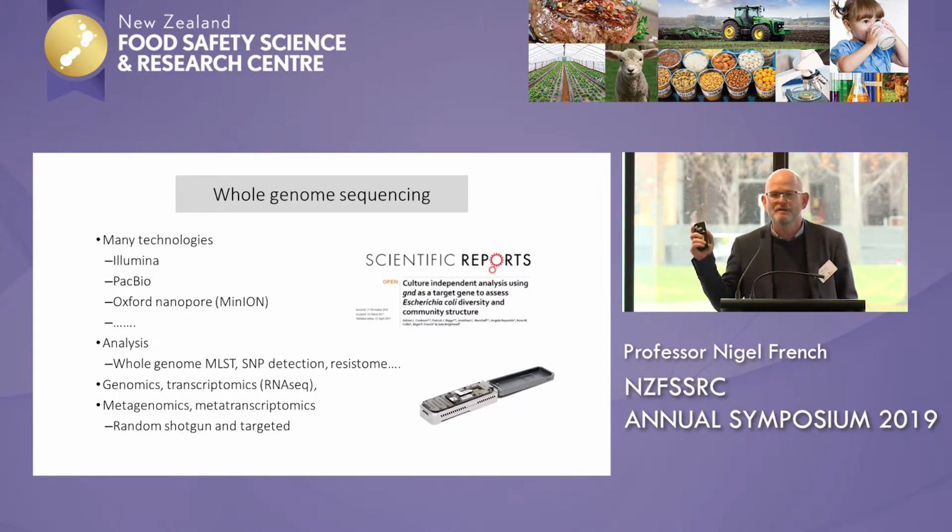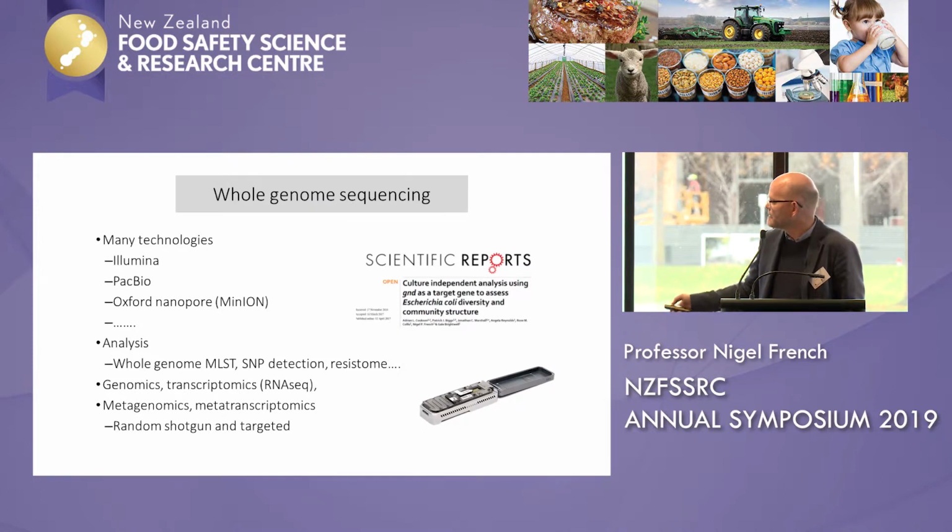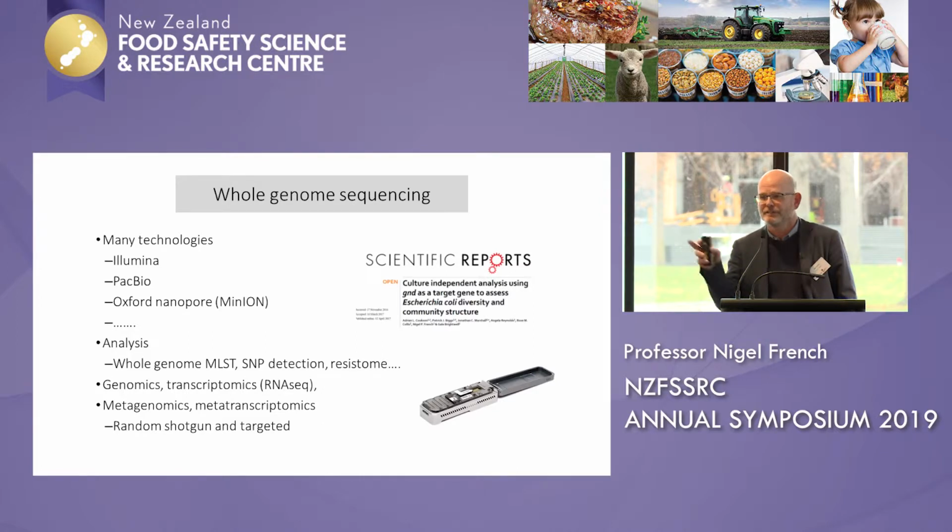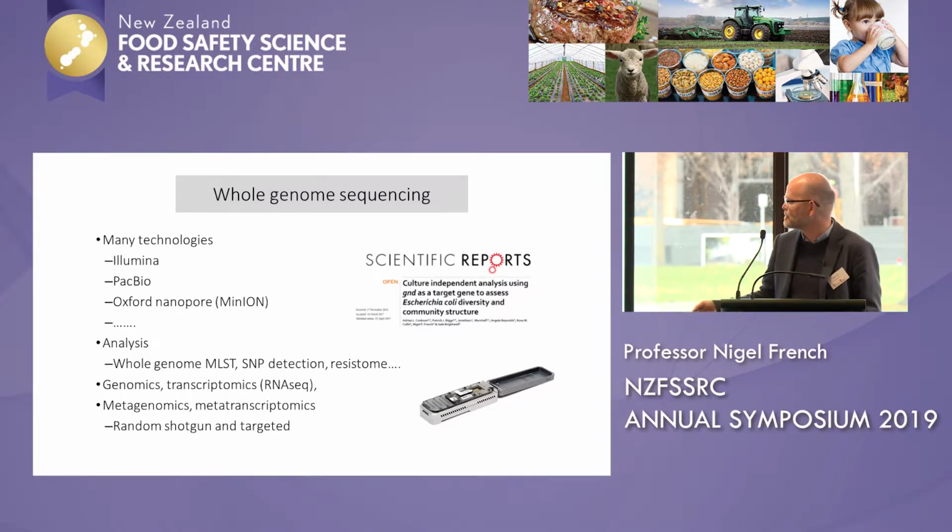Many technologies are involved, and this has been mentioned before. Some technologies have been around for some time, the Illumina technology, others such as the Oxford Nanopore, the MinION, which is about the size of a crunchy bar or whatever. The technology is getting smaller, the data is getting more and more precise, more and more data is being made available, and the quality of the information is very much improved.